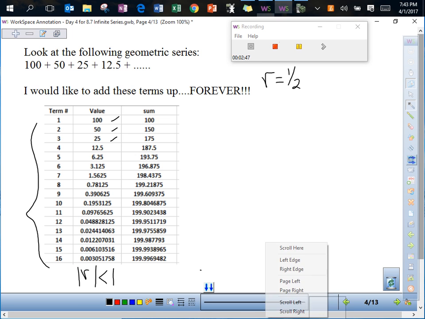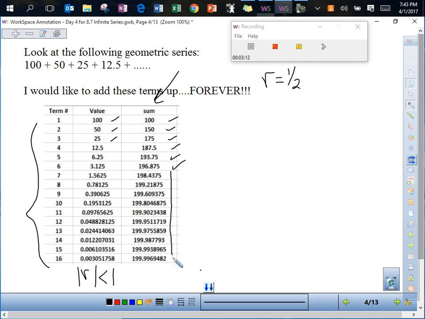Look at my third column here. My first number was 100, so bam, I'm already at 100. My next number was 50. If I add 50, I'm up to 150. Then I added 25. Then I added 12.5. Heck, after 5 terms, I'm already up to 193.75. Then I'm up to 196.875. But guys, look what happens.